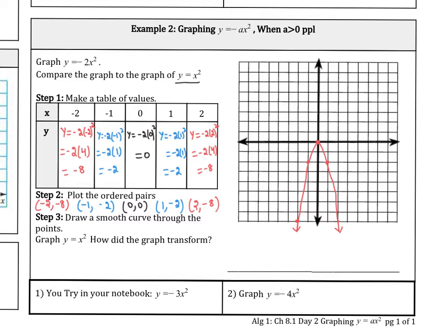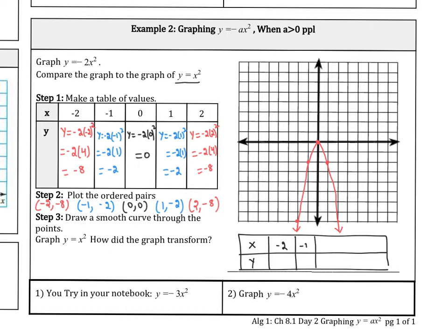Now I'm going to graph y equals x squared. Let's make a table of values for this graph. I think we made the table of values for this graph earlier, but right now you're choosing x values and finding y values. I'm choosing negative 2, negative 1, 0, 1, and 2. When you plug negative 2 into this equation, you get negative 2 squared, and that is 4.